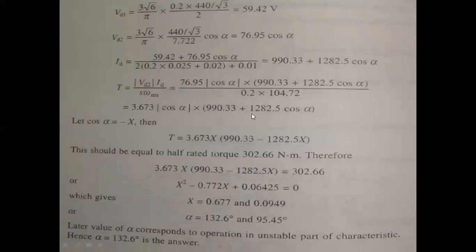The synchronous speed 1000 RPM is converted into omega s, 104.72, which we calculated at the start.